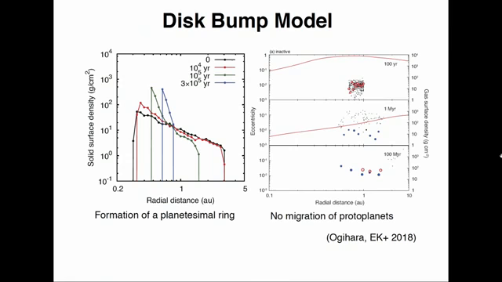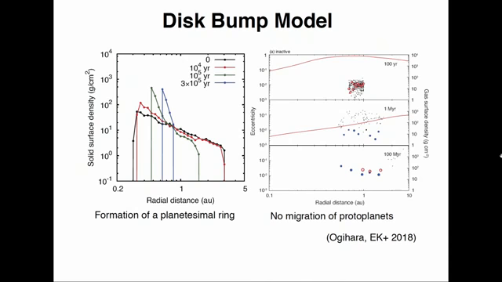Here, this is radial distance and this is solid surface density. Initially, you can see this black planetesimal distribution, but along the gas disk evolution, they come to this very limited area. Then they accrete and grow here to form terrestrial planets like our own. This is also an example of the extension of the standard disk model.